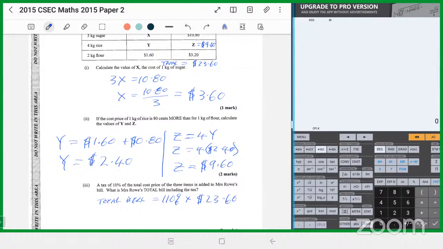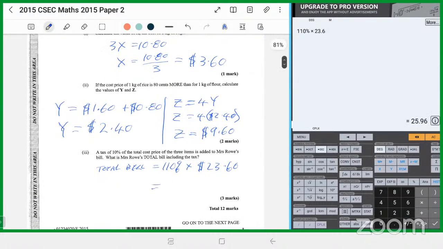So it's 110%, which is the same as 1.1. Again, 110%, there's a percent on this. 110% times 23.6. So that's 25.96. It's 25.96.